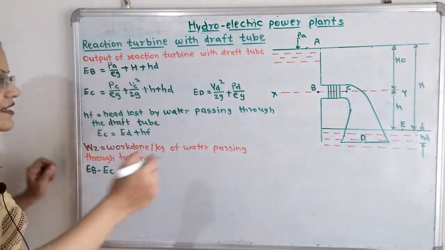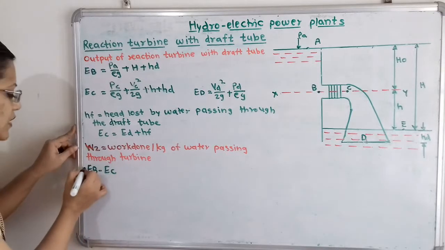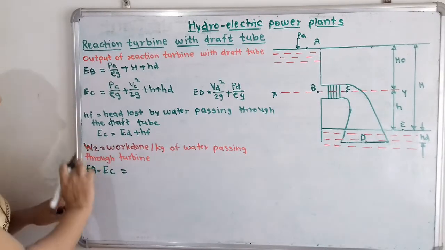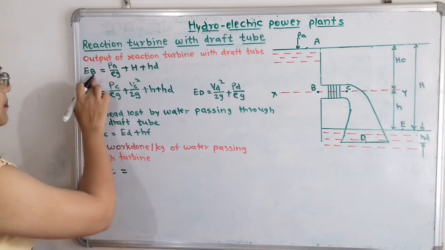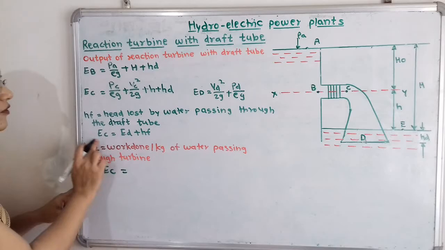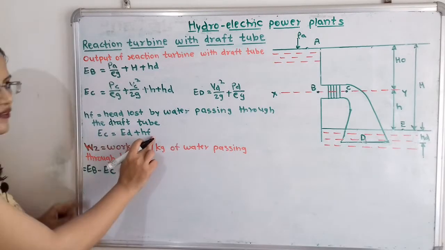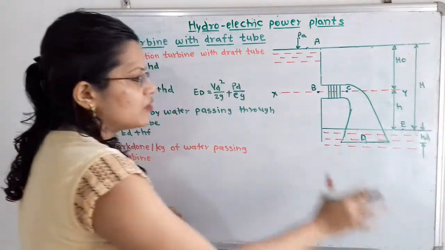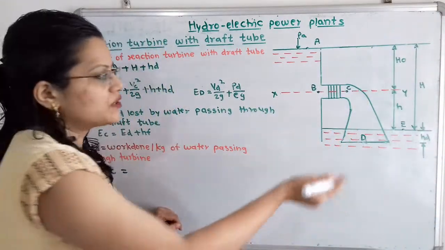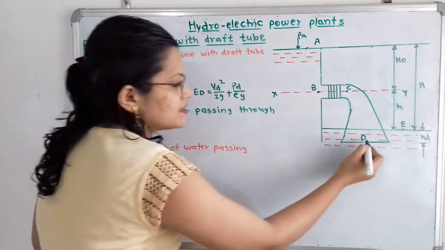So W2 is equal to EB minus EC. Now we will put in these values: EB, and for EC we have the relation EC is equal to ED plus Hf. Now if we observe this whole structure, this point C is not open to atmosphere, and it is not the outlet, but the outlet is at point D.